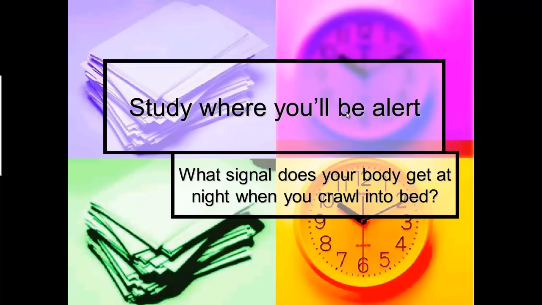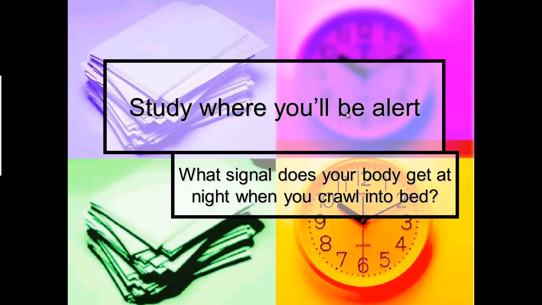What signal does your body get at night when you crawl into bed? Many sleep doctors will tell us that we need to have an established routine to be able to fall asleep. And if we want to get that signal going through our brains or our bodies that, okay, I follow this routine, it's time to go to bed, well, if I follow this routine, it's time to study.